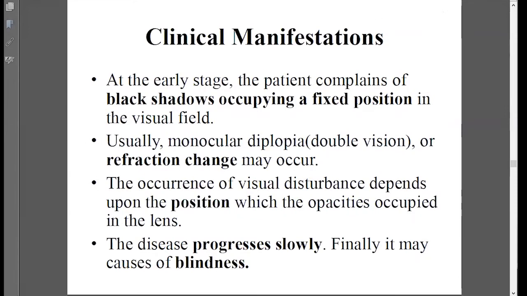Clinical symptoms. In the early stage, this illness belongs to chronic illness, developing gradually and slowly. In the early stage, the patient just finds some black stuff in a fixed position in the vision. This is the lens problem.